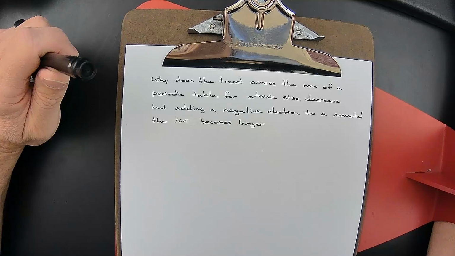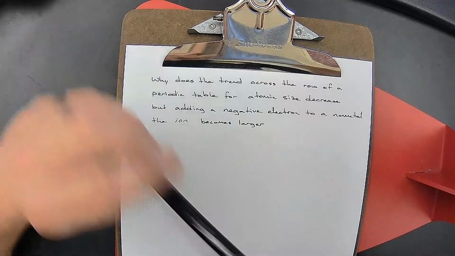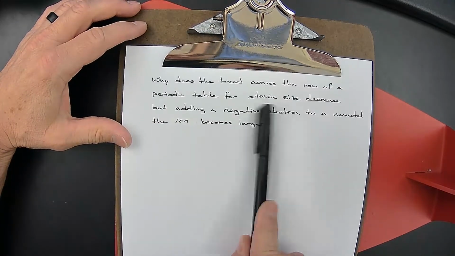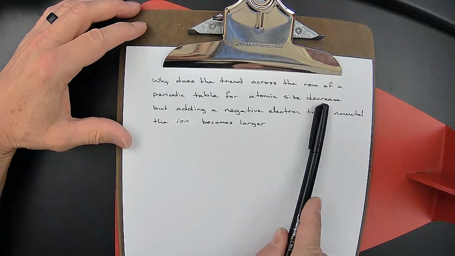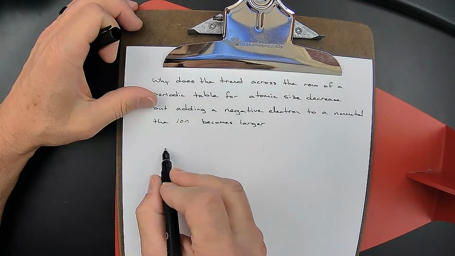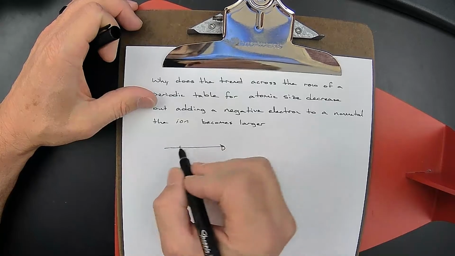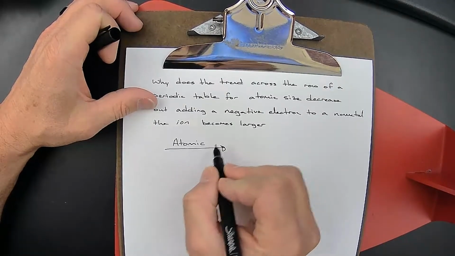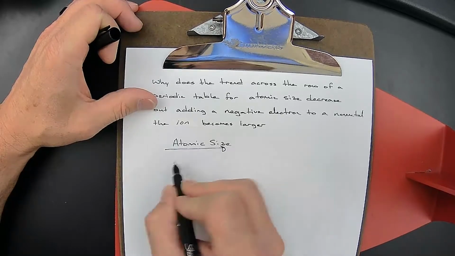In this video, we're going to discuss why the trend across a row of the periodic table for atomic size decreases. When we're moving across a row of the periodic table, the atomic size decreases.